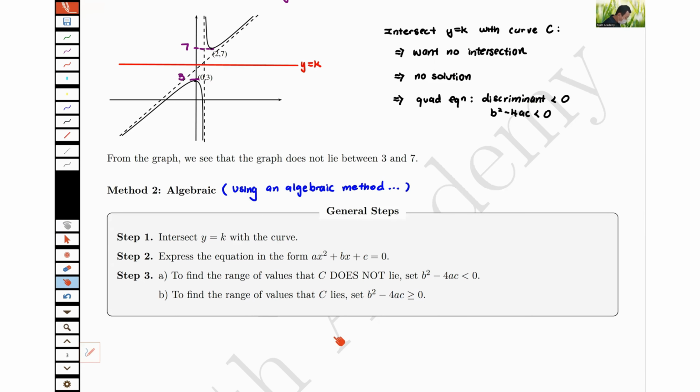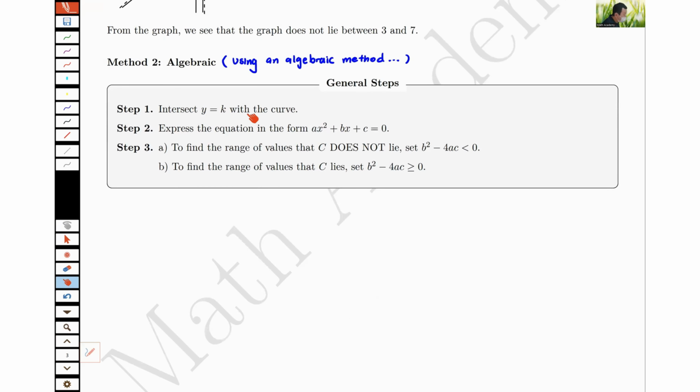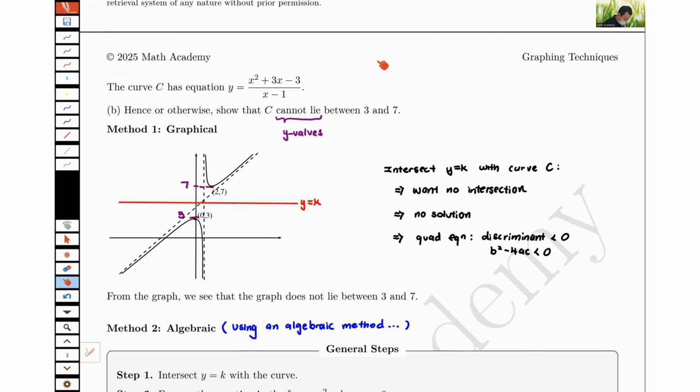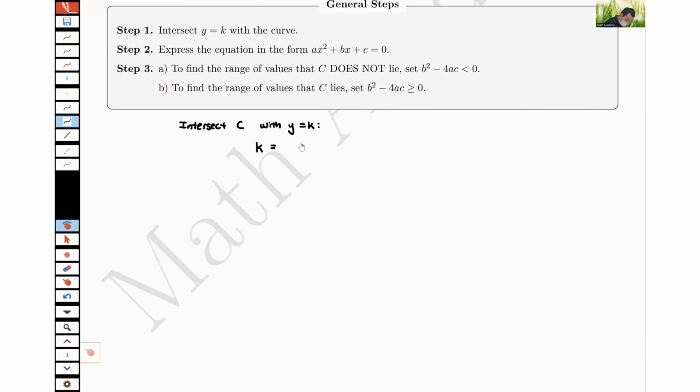So let's go for a general step to solve this problem. These are the steps I'm going to take. Let's start the solution straight away. I will say we intersect C with y equals k. So I set k equal to the equation. Just go back up to check the equation. We have x squared plus 3x minus 3 divided by x minus 1.